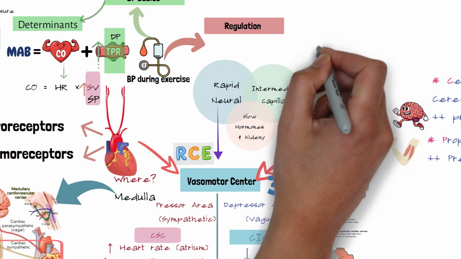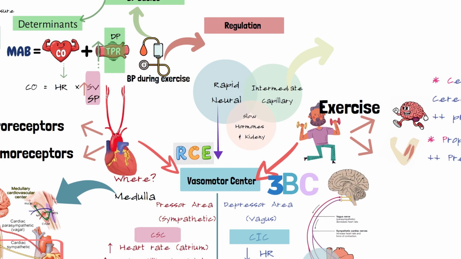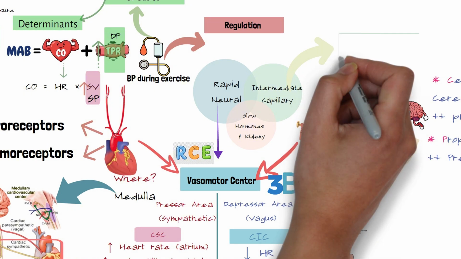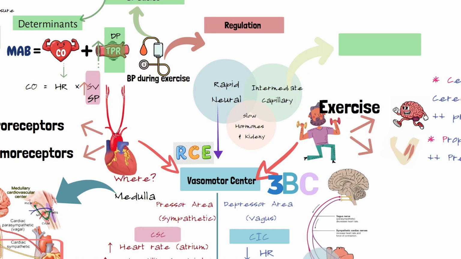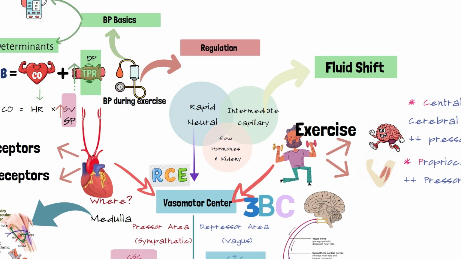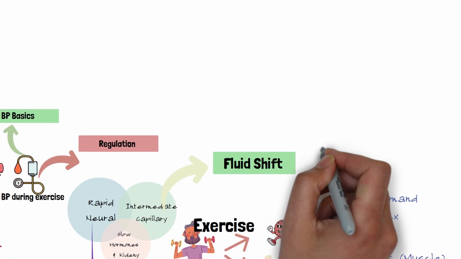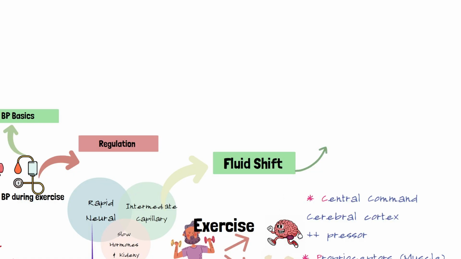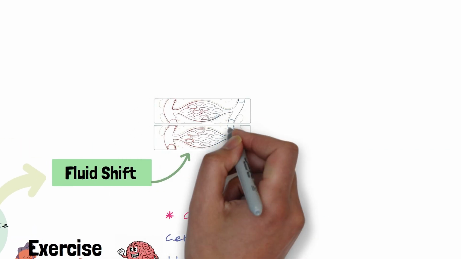And now let's move to the second mechanism for the regulation of blood pressure, which is the capillary regulation. Before we talk about this, we need to remember the two main characteristics of capillary blood flow.